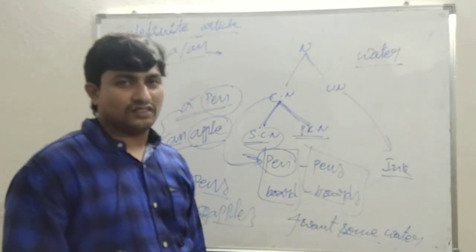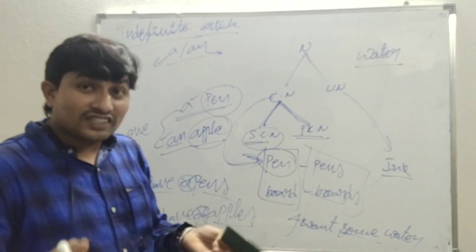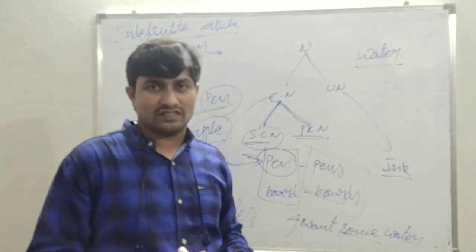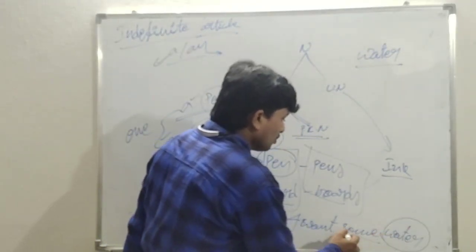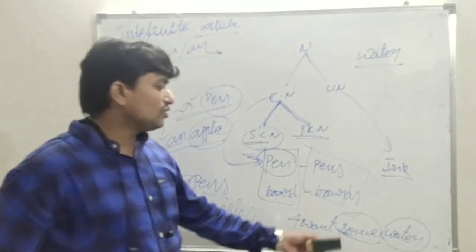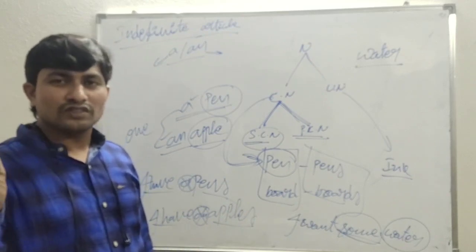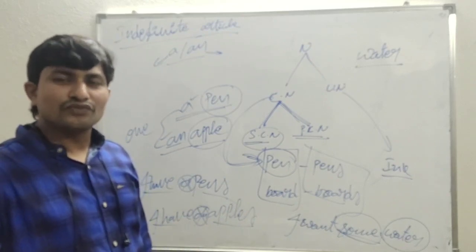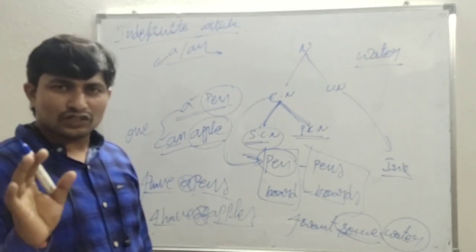It is a determiner. Articles are also known as determiners, I have already told you. But see here, water is an uncountable noun, so here some is a determiner. We did not use an article. I want food, or I want much food, or I want some food. I want wood. Have you understood?